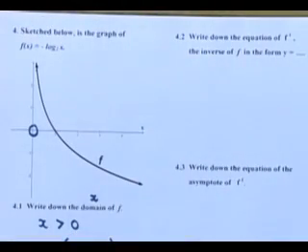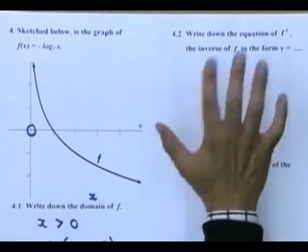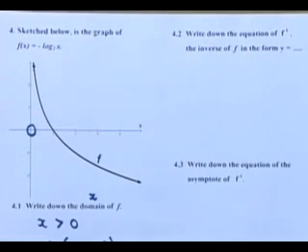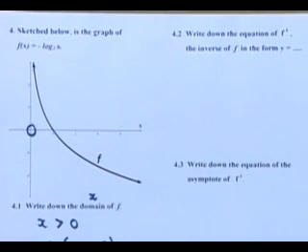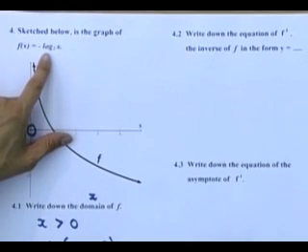Right. Question 4.2. They ask you now, write down the equation of f to the power minus 1, the inverse of f, in the form y equals. Now learners, by now you are so used to writing from the one graph to the inverse, right? But in this example, it's given as a log graph.